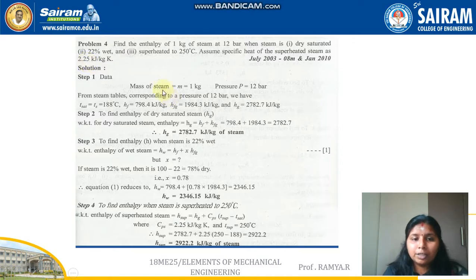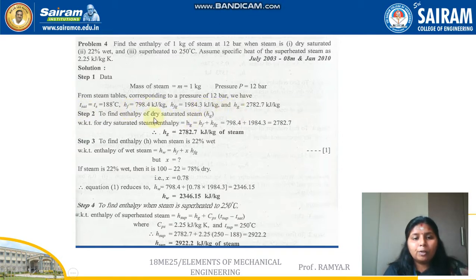So for these three conditions, mass is given as 1 kg and pressure is 12 bar. Here we need to use the steam tables. In the problem they have mentioned the values, but if we take the steam table for a pressure of 12 bar, we can get the saturated temperature value, specific heat value, and latent heat value.